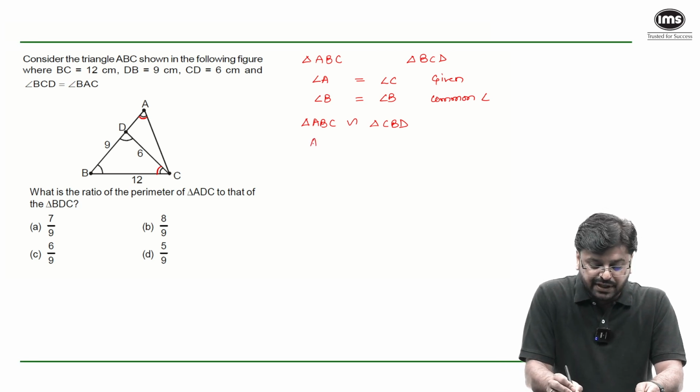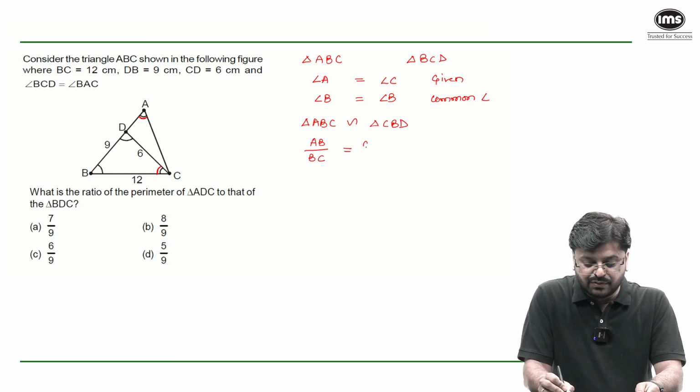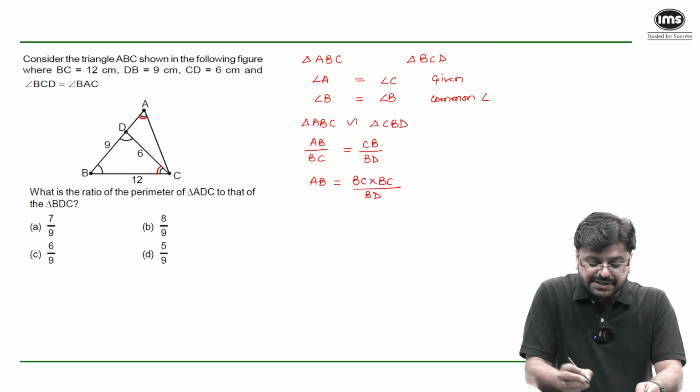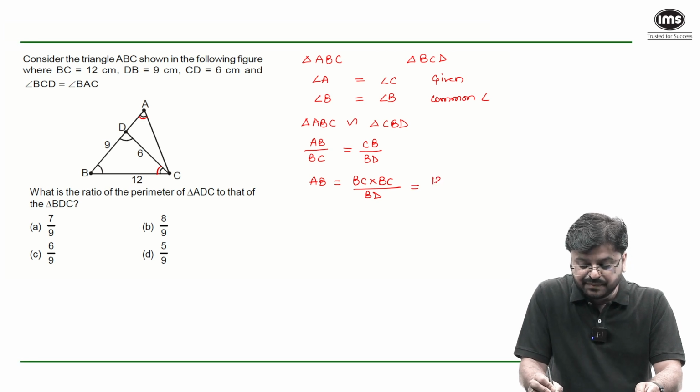So AB upon BC is equal to CB upon BD, which gives me AB as BC into BC upon BD. BC is given as 12, so it is 12 into 12 upon BD, here 9.